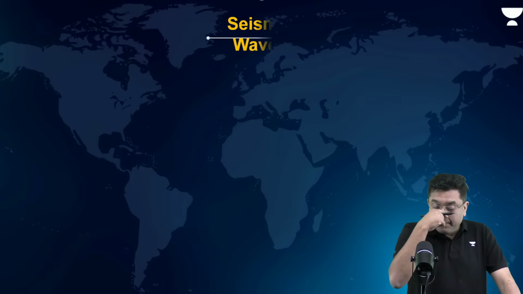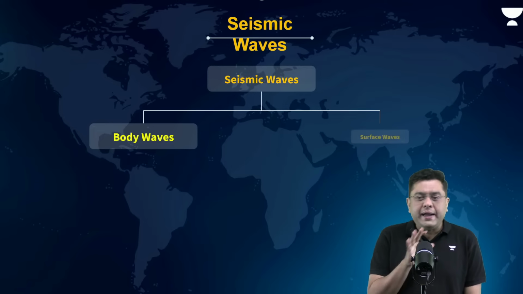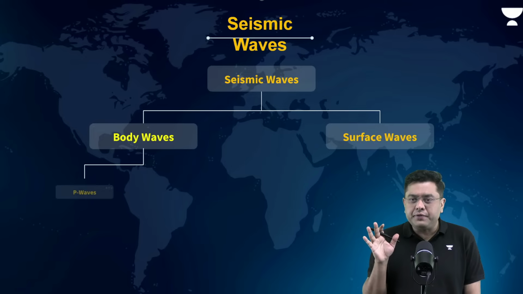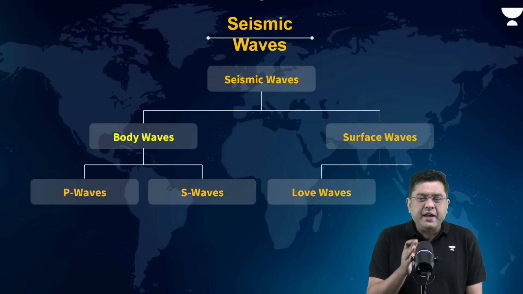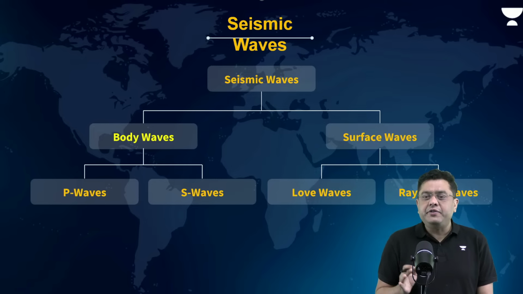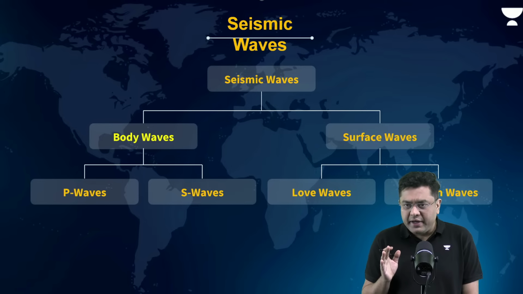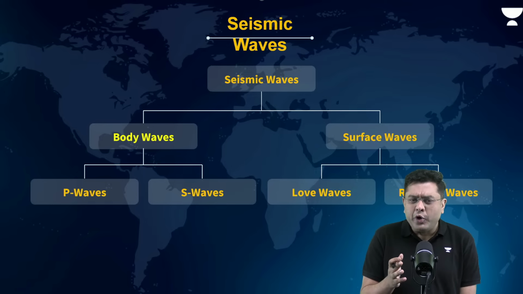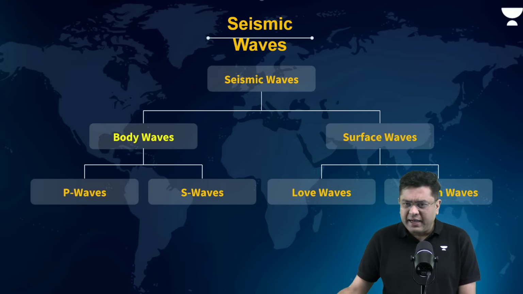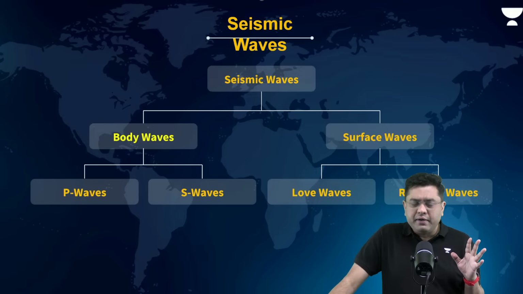Okay, so here, first of all, the seismic waves are classified into two types: body waves and surface waves. Body waves are further classified into two types: P waves and S waves, and surface waves are classified into two types: Love wave and Rayleigh wave. Body waves have a much greater classification also, beyond the scope of the NCERT, so we are not covering that.